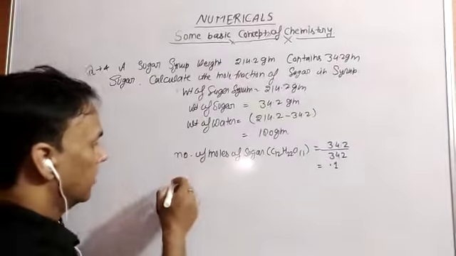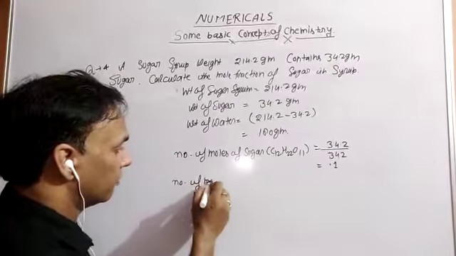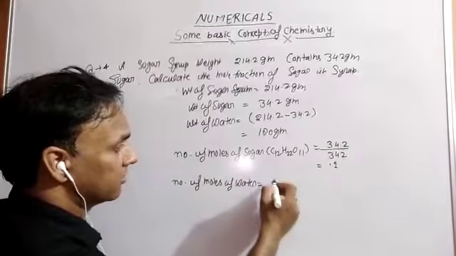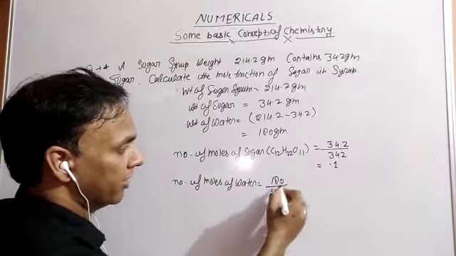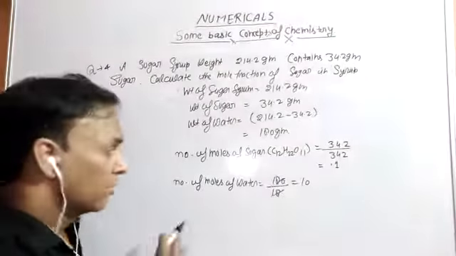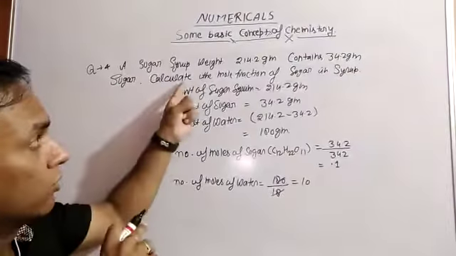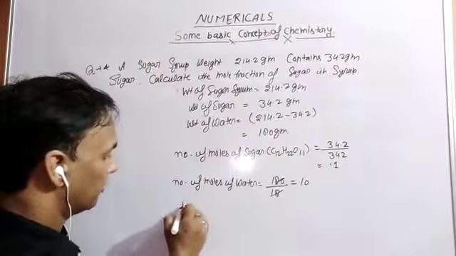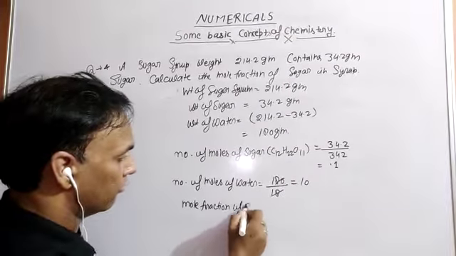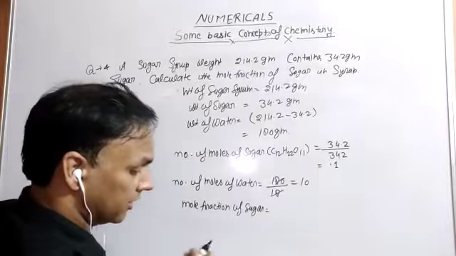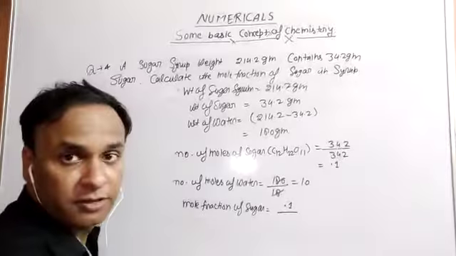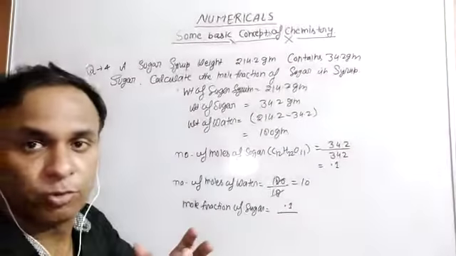And the number of moles of water is 180 gram upon 18, that is 10. 10 mole of water. Now we have to find out the mole fraction of sugar. Mole fraction of sugar is the number of moles of sugar, 0.1, upon the total number of moles of solution.